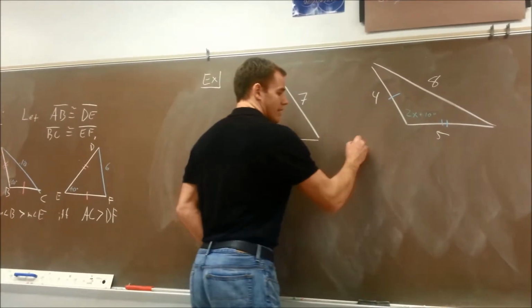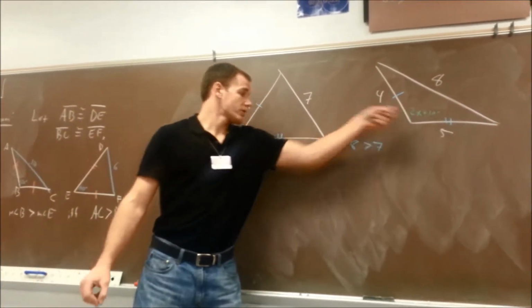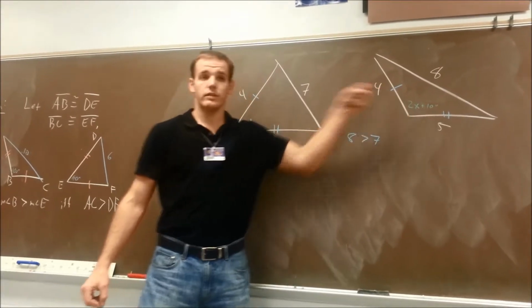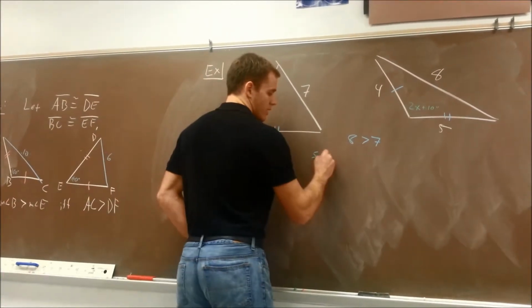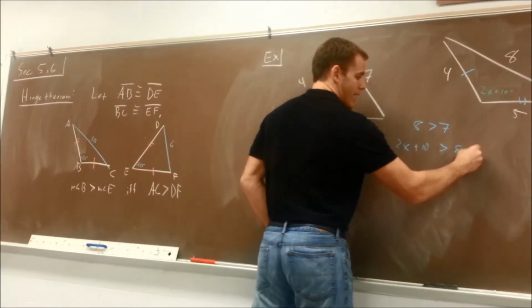So if 8 is bigger than 7, then what does that mean about these angles? Well, which one's bigger? 2x plus 10 is bigger than 80.